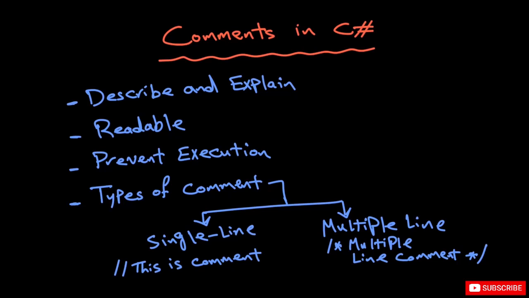That's all about it. And the program will ignore this type of comments also. This is also for human readability, to make it more readable and describe our code. Also, you can use comments to put hints about your code, or if you want to use it to prevent the execution of the C# code.